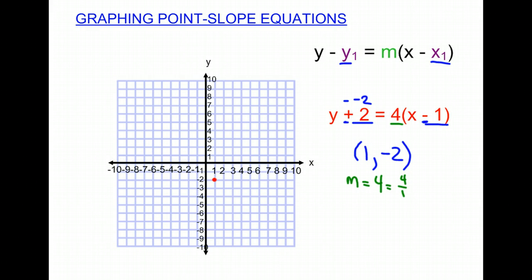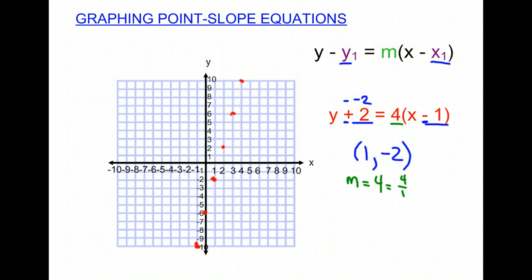And then we're going to go up 4 over 1, up 4 over 1, up 4 over 1. We can also start at that point and go down 4 to the left 1, down 4 to the left 1.